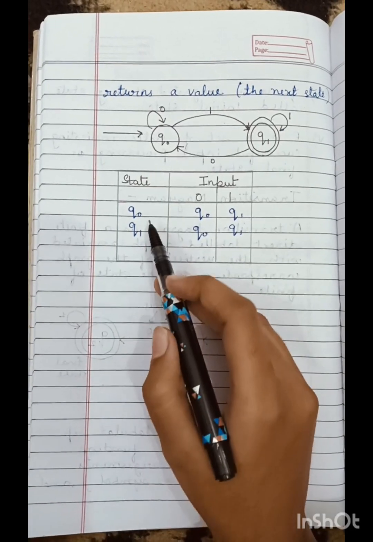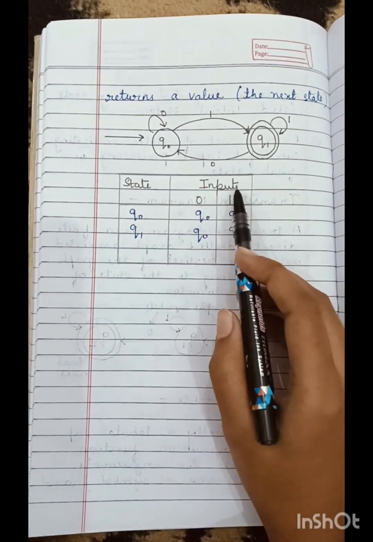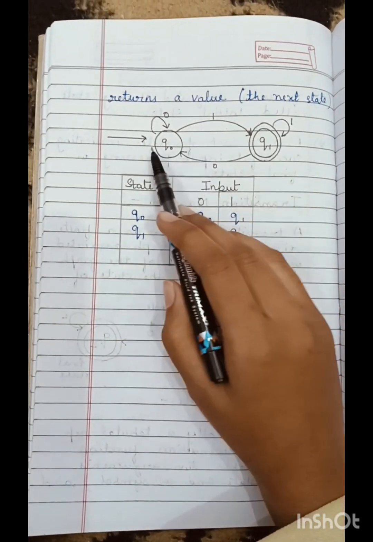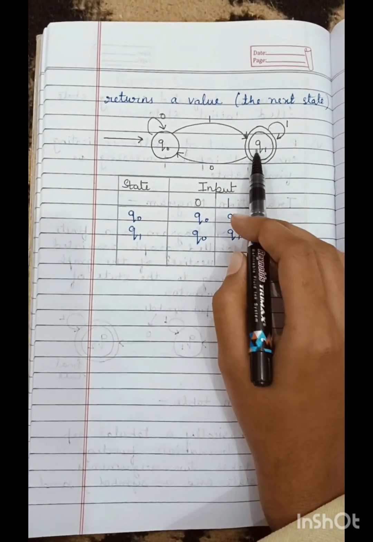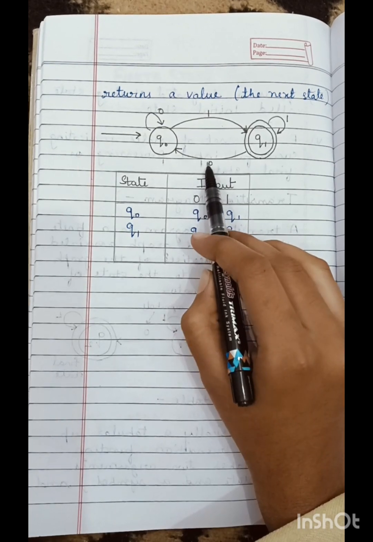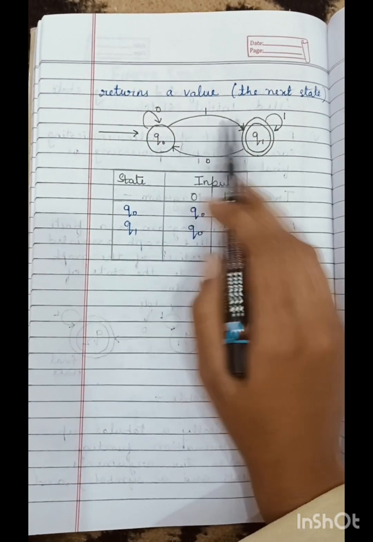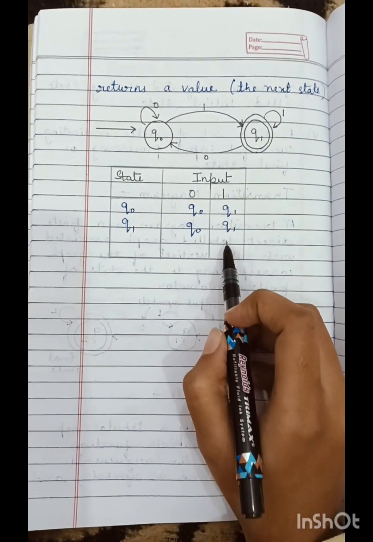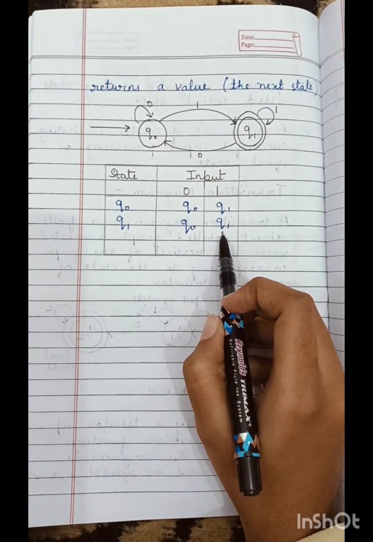Then we see that for state Q1, input 0 gives Q naught. Similarly, for Q1 with input 1, it has Q1 only. So in the table, Q1 is written.